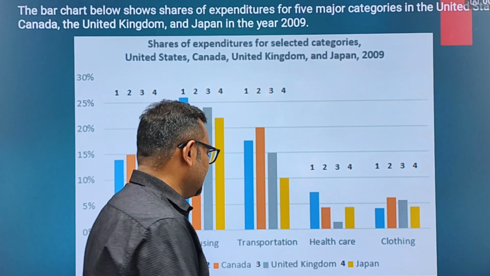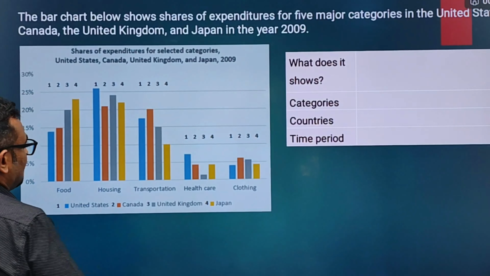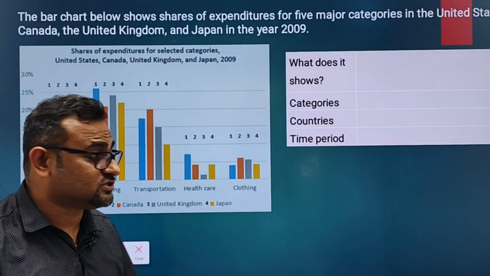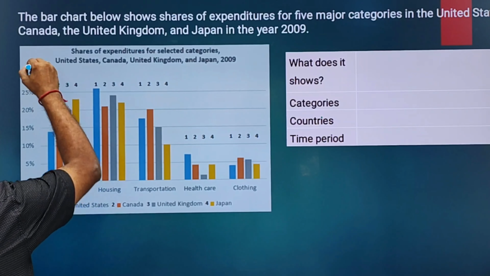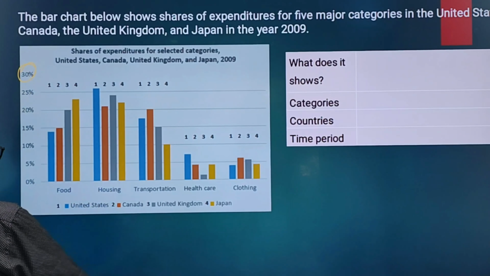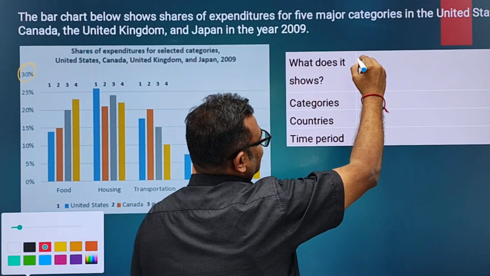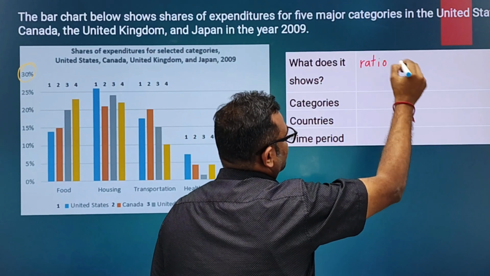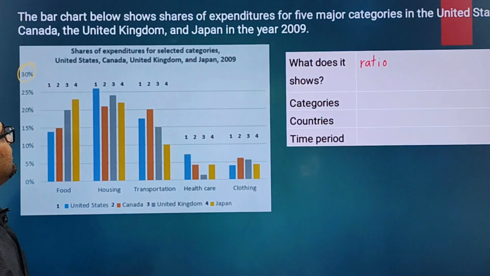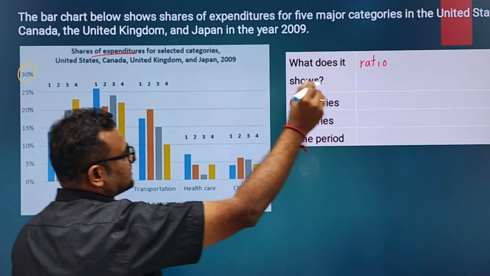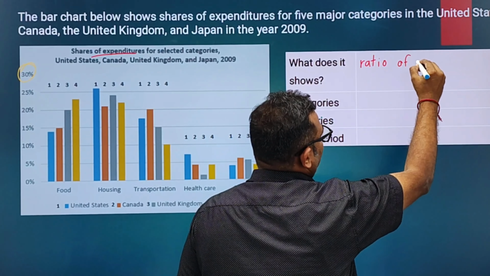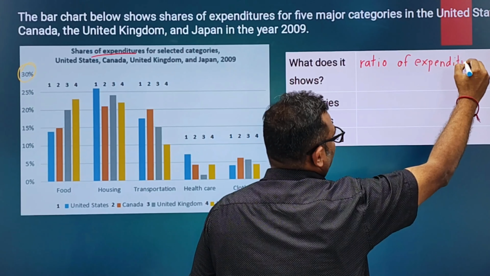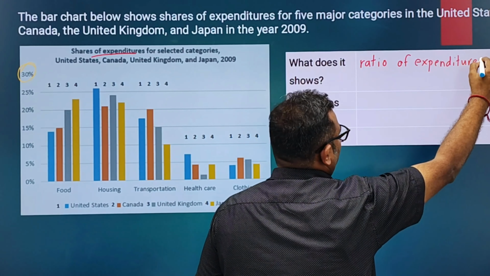So let's bring the introduction. What does it show? You can see it's given as a percentage, so I will take ratio: ratio of expenditures.